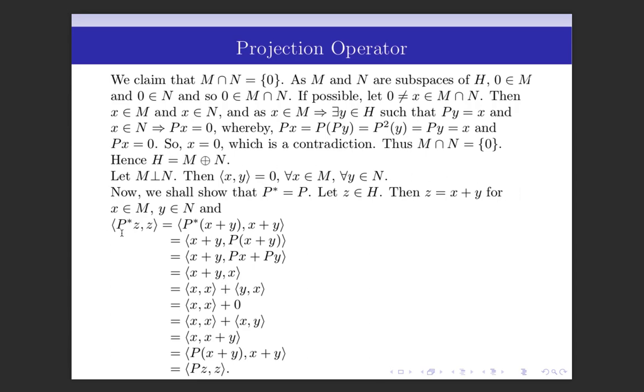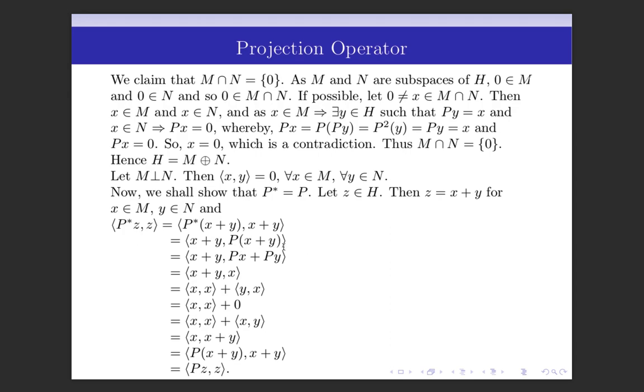And the inner product of P star z and z is equal to the inner product of z and P, and replacing z by x plus y, we have this. And by the definition of Hilbert adjoint operator of P, as P is a bounded linear operator, its Hilbert adjoint operator exists, and so we have the inner product of x plus y, P of x plus y.